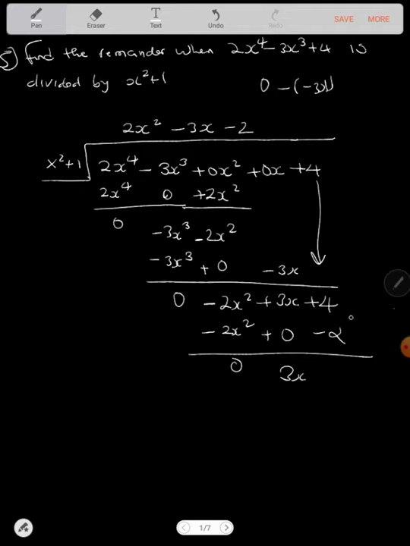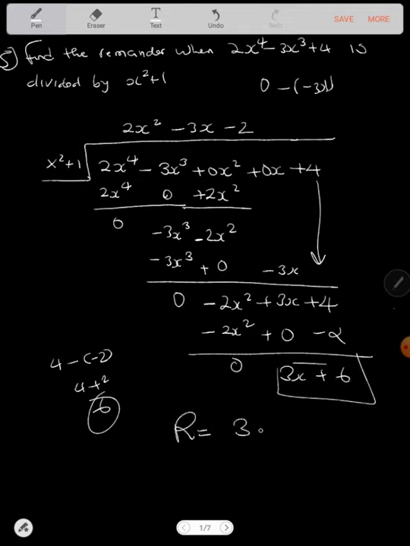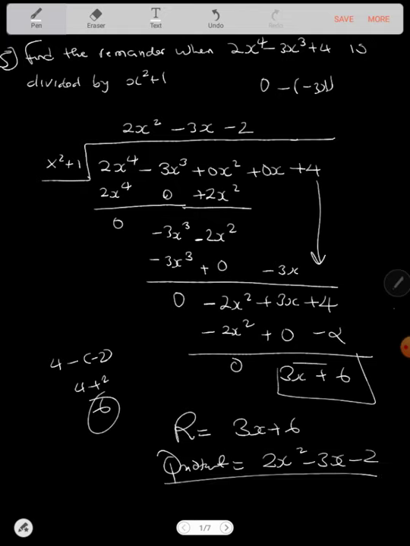So this will give you something like that, which will give you 6. So the remainder which they are looking for is 3x plus 2, and the quotient is 2x squared. In case they ask you to find the quotient, the quotient is that, and the remainder is this.